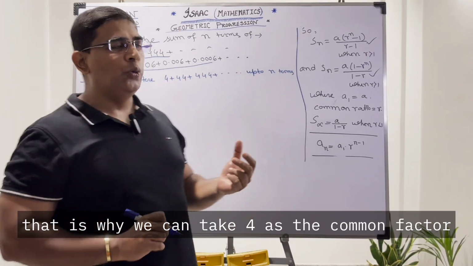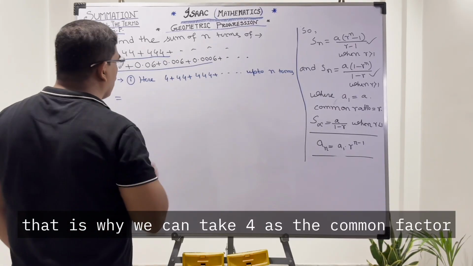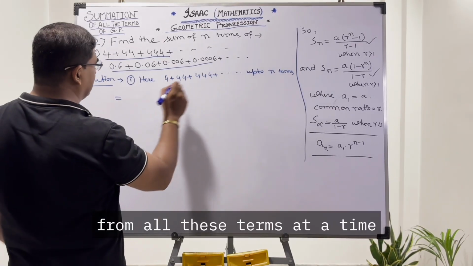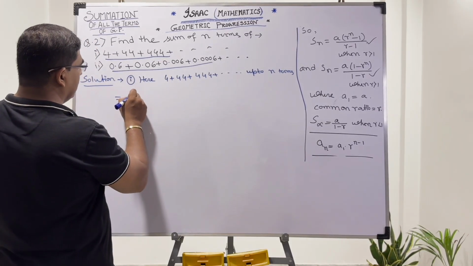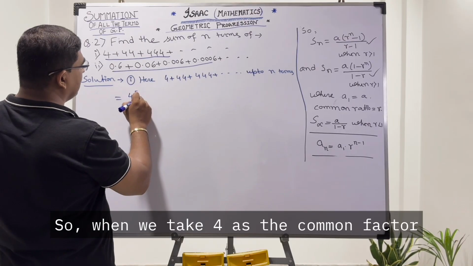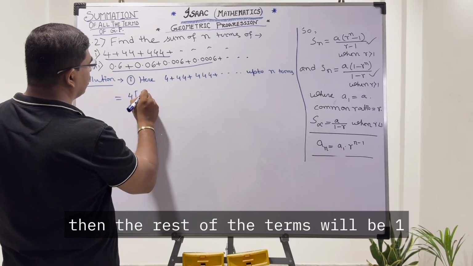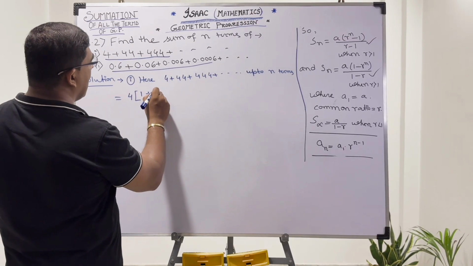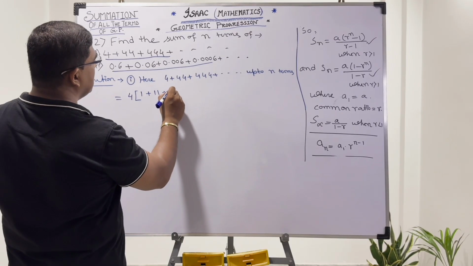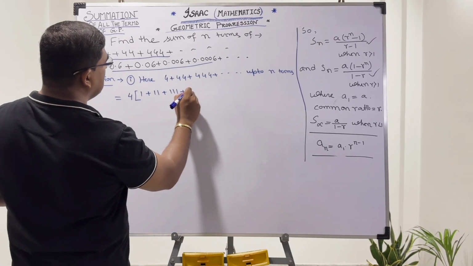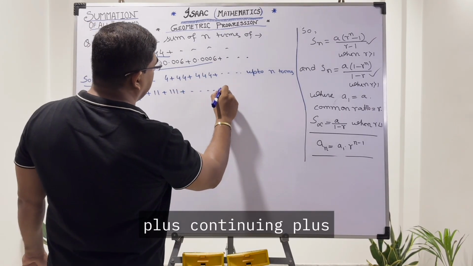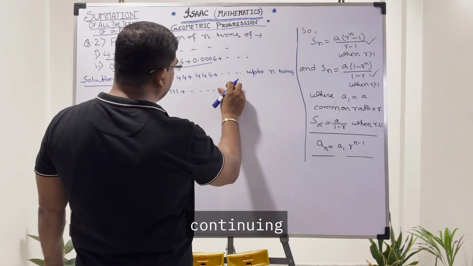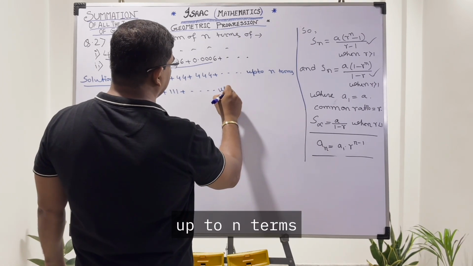That is why we can take 4 as the common factor from all these terms at a time. So when we take 4 as the common factor, then the rest of the terms will be 1 plus 11 plus 111 plus continuing up to n terms.